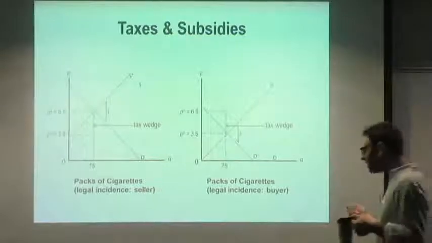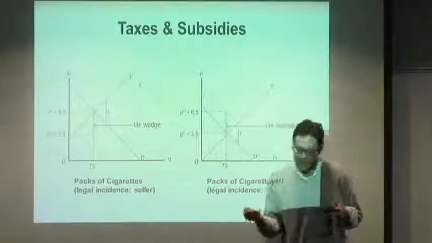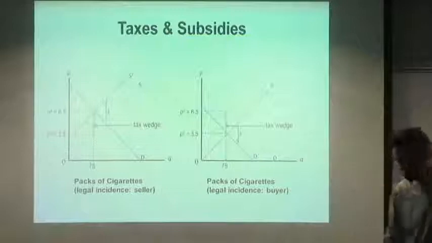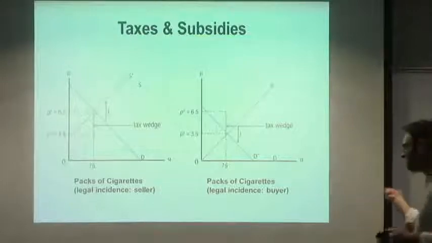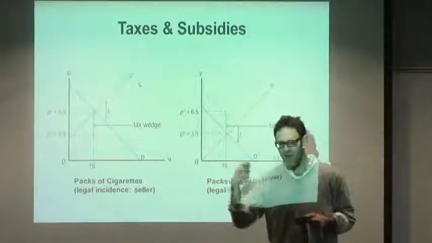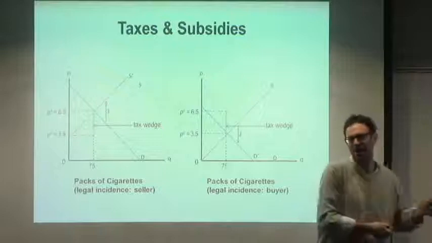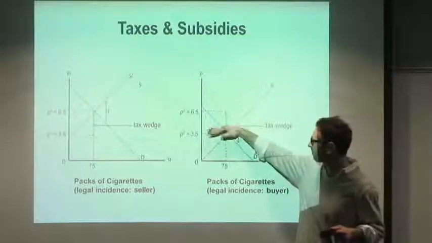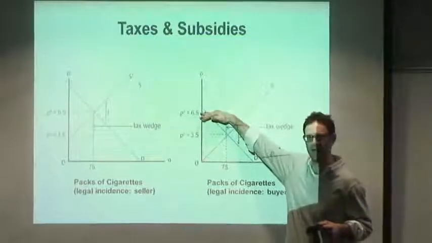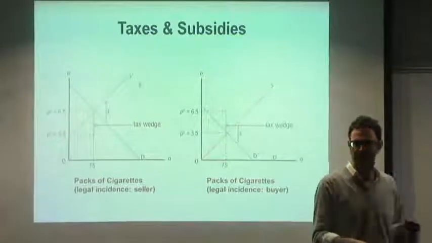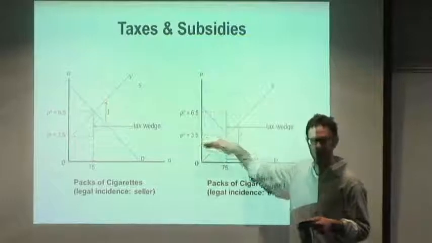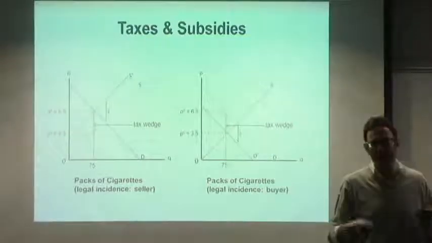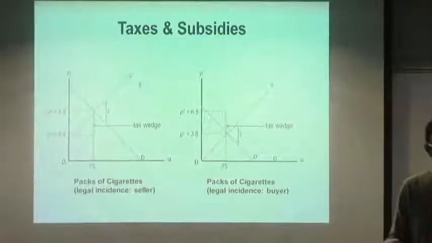So, a very striking and actually quite interesting conclusion that we can draw from an analysis of excise taxes is that the economic incidence, who actually pays the tax via higher prices paid, in this case the price going from $5 to $6.50 for buyers, or in terms of lower prices received, in this case going from $5 to $3.50 for sellers, in no way depends on who the legal incidence falls on.